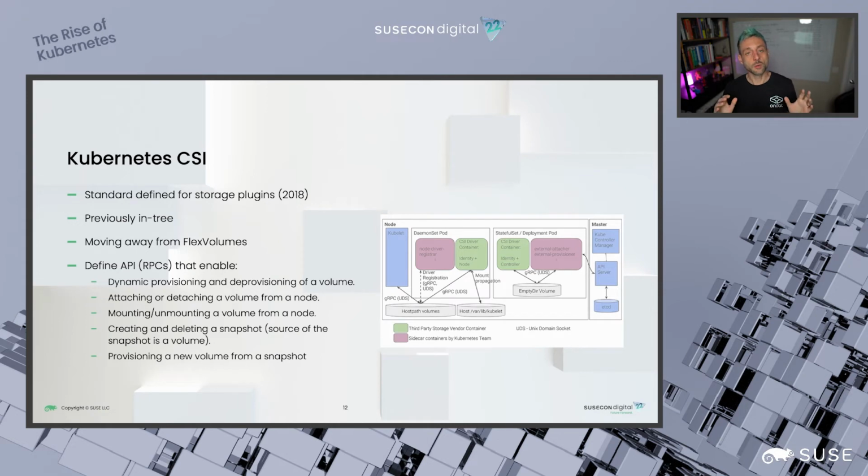So typically those RPCs are things around dynamic provisioning and deprovisioning of a volume that the vendors need to accommodate, attaching or detaching a volume from a node, mounting and unmounting a volume from a node, functions related to snapshot, and also related to provisioning a new volume from a snapshot.